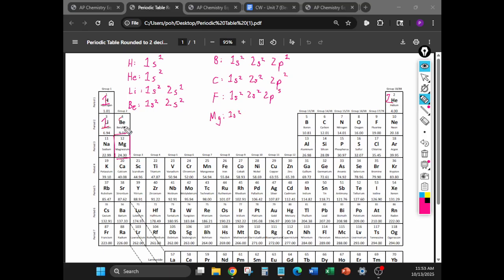It has 2 in 2s, so 2s2. It has 1, 2, 3, 4, 5, 6 in 2p, so that's 2p6. It's in the third row, so it's 3. This is the s section, so 3s1, 2. So it'll be 3s2.